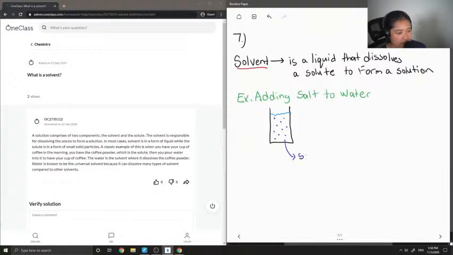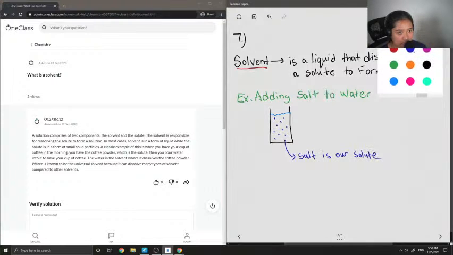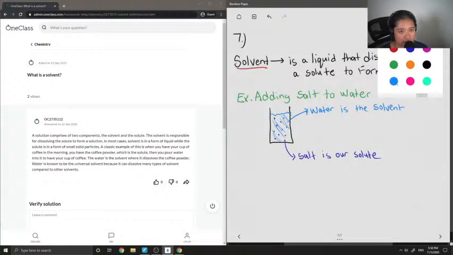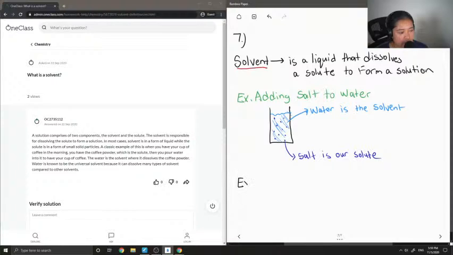So in this case, the salt is our solute. And then, as you can guess, our water is the solvent. There are also a lot of other examples of solvents.